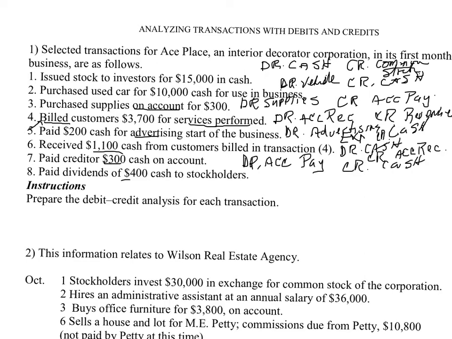And lastly, I paid dividends. I give the shareholders back some of the money I've earned, and that is a decrease in shareholders' equity, so dividends are debited. Debit dividends, and credit cash. There we have it for Ace at the Place. We'll move on to the next one.